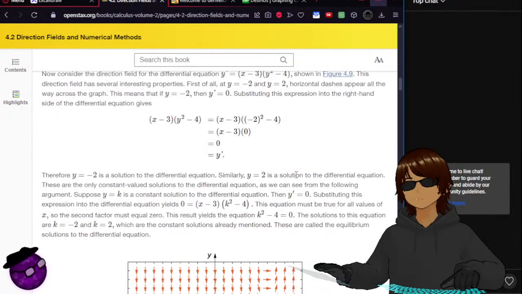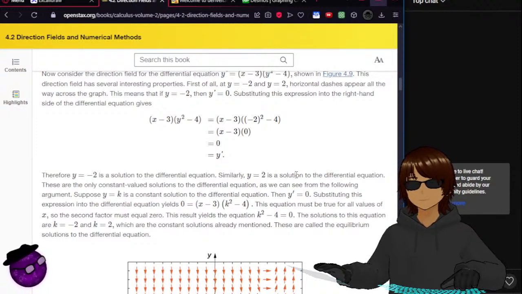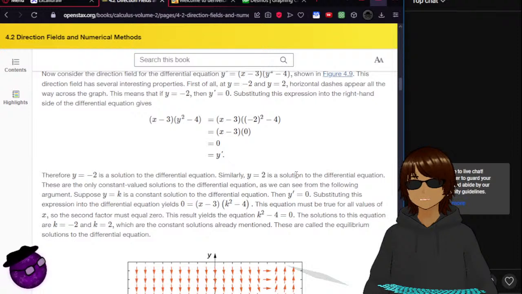This direction field has several interesting properties. First of all, at y is equal to negative 2 and y is equal to 2, horizontal dashes appear all the way across the graph.